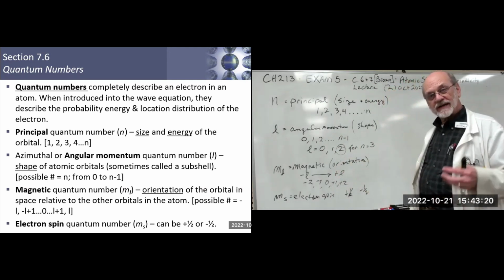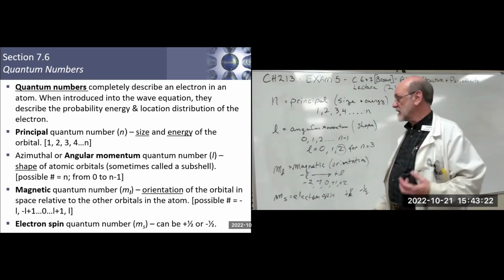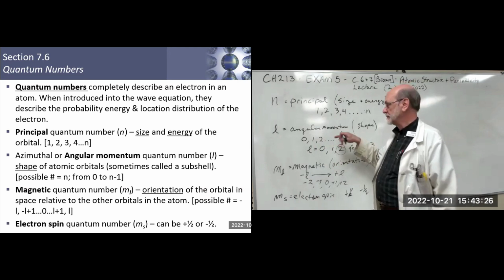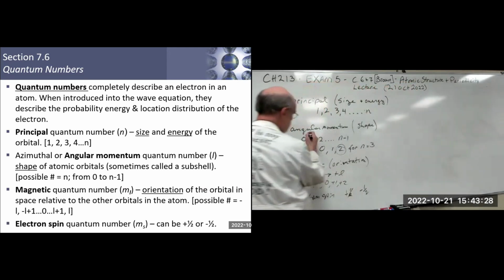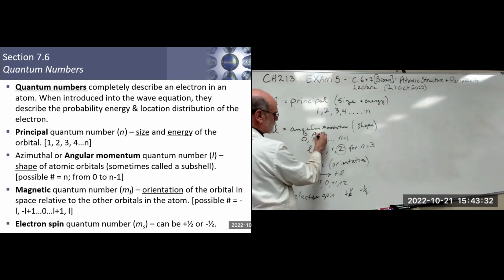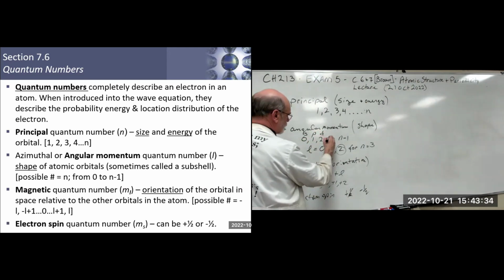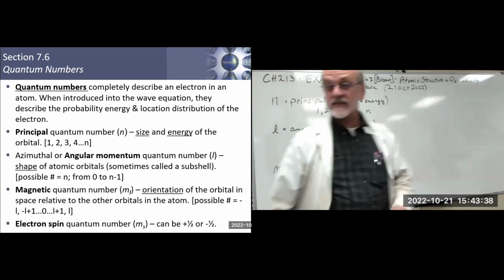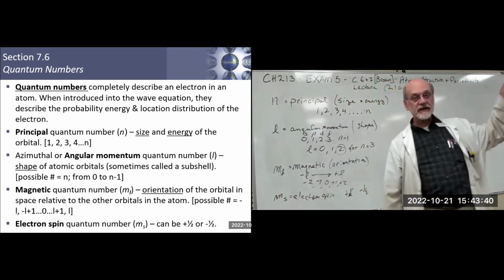So to simplify it and to make it easier to understand, we assign letters to these numbers of L. All right? So zeros are S's, 1s are P's, 2s are D's, and 3s are F's. And believe it or not, that's as high as you need to go to fill the periodic table.